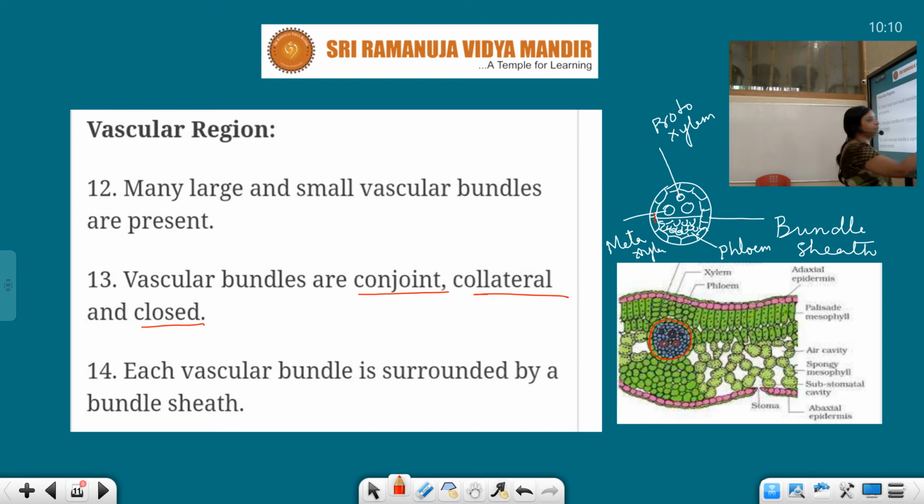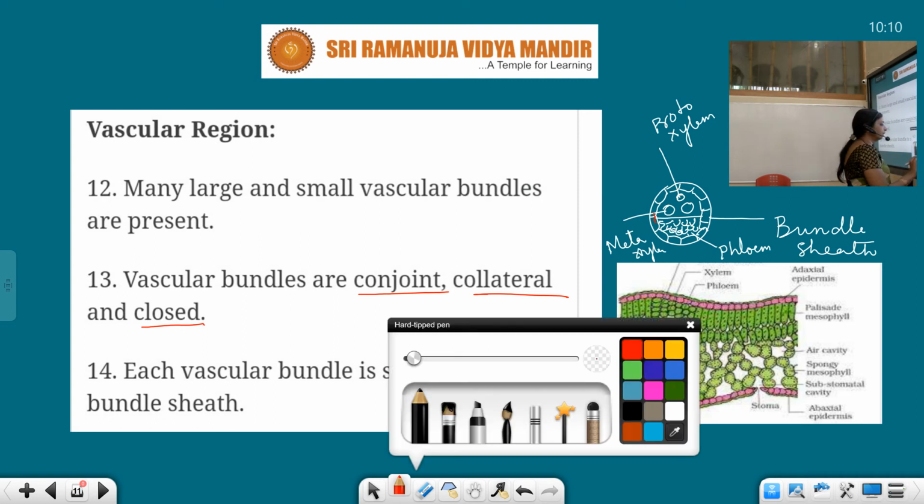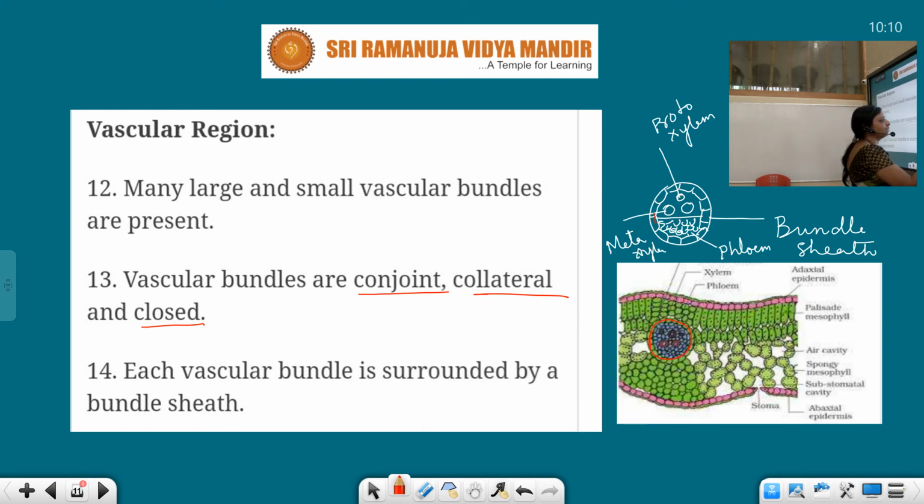In this structure we can observe this is the bundle sheath which surrounds the vascular bundle, and these are extensions, bundle sheath extensions, which go up to the epidermal layer, and this is made up of parenchyma. Here also it is the bundle sheath.